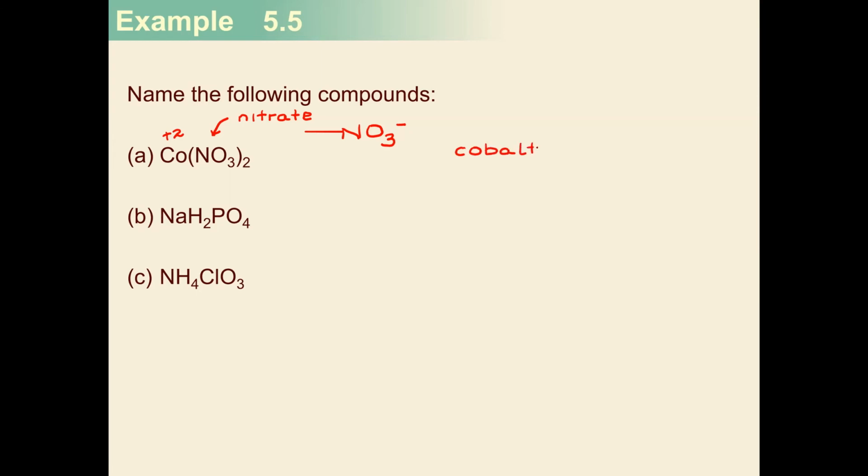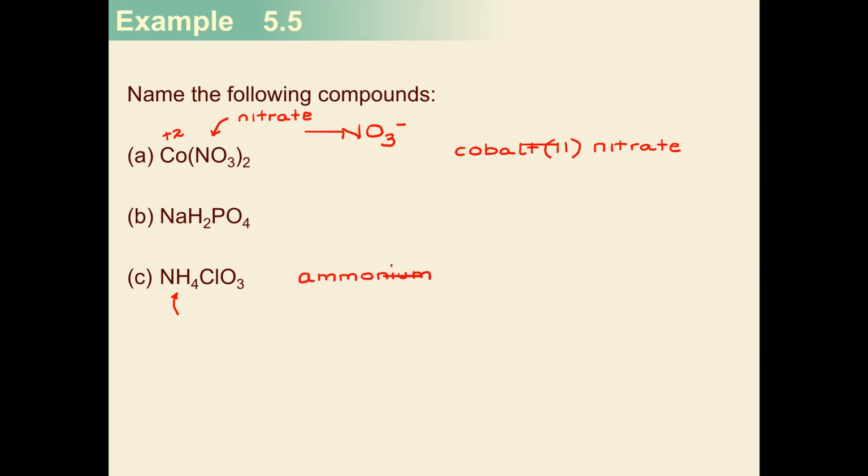Now I need to go in and put the Roman numeral, so I will put this in as cobalt 2, and then I need to name the polyatomic anion, and that is going to be nitrate. The correct name for this is cobalt 2 nitrate. Let's go ahead and drop down to our example C here, and notice that I have a unique cation in this case. This is the polyatomic cation of ammonium. So this is going to start as ammonium.